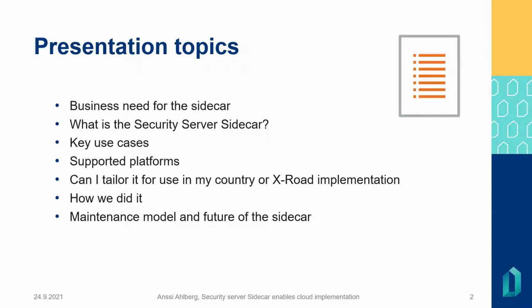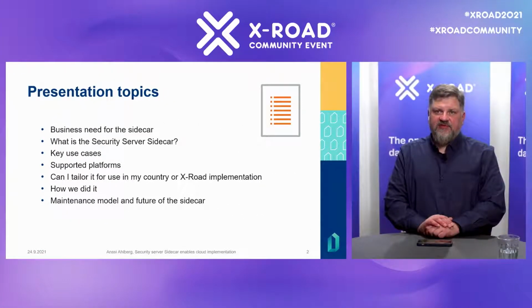I'm also going to cover in a few words on how we did it together with NIS and our software partner Go4. And before wrapping up, I'm also going to say a few words on the maintenance model and the future of the sidecar.